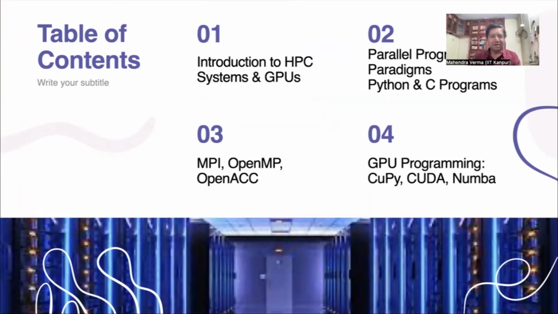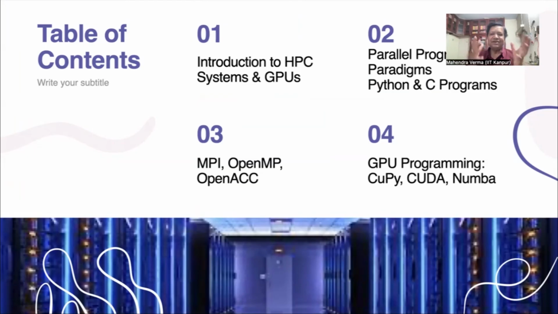So we start with HPC systems, GPUs, graphical processing units, which have become very critical, very important for HPC. These are hardware parts which we need to know for optimized computing. Then I will introduce what is HPC paradigm. For example, a good program should scale well.